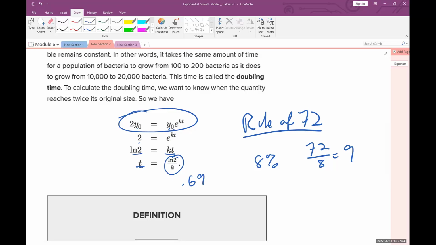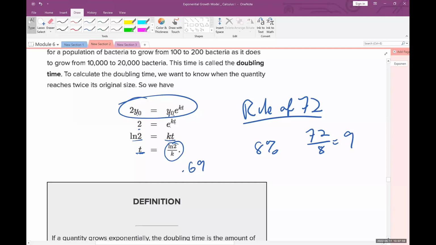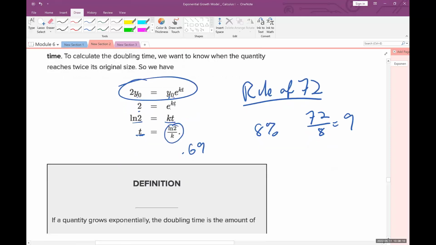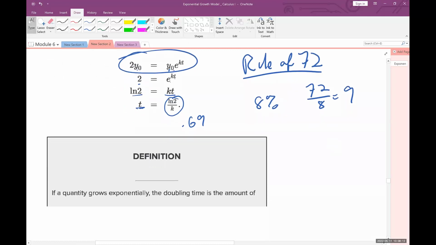You divide 69 by whatever your interest rate is, and that'll give you the doubling time. So it's less conservative that way and has fewer factors, but it should be the rule of 69. And I've gone around in circles. There's a guy in my extended family who's a pretty well-off banker. We would argue about the rule of 72 and what it really is, and he would never accept that it's really the rule of 69.